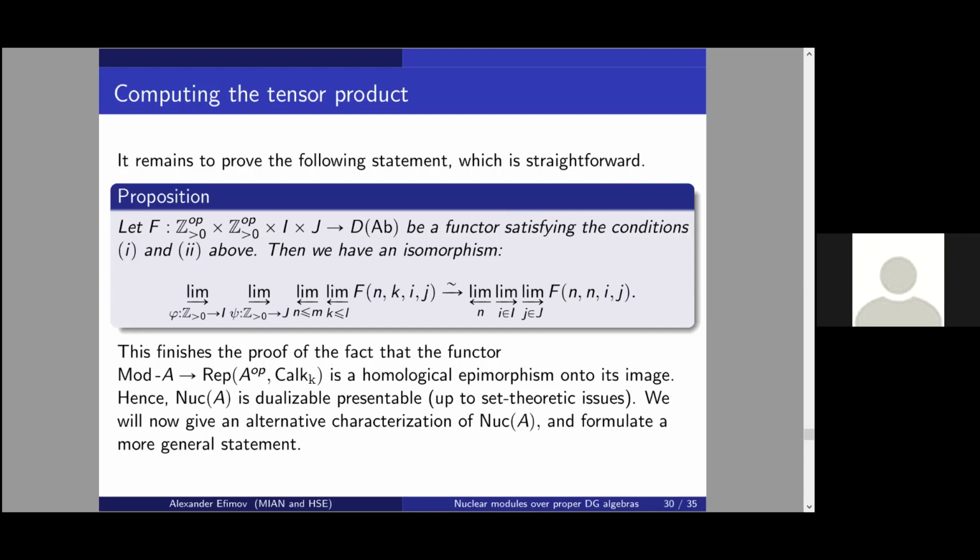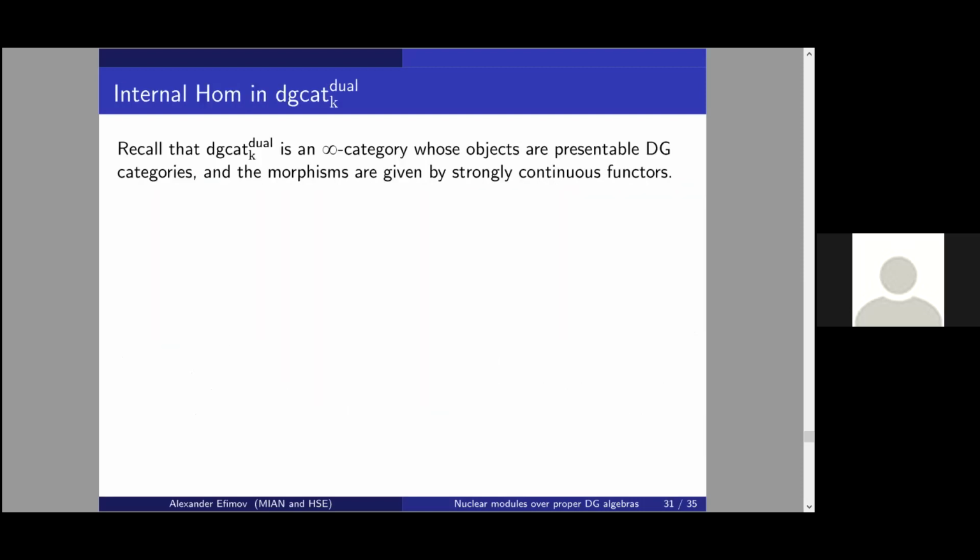Okay, so now I want to give an alternative characterization of this category. Recall that this dualizable category was an infinity category whose objects are dualizable presentable categories, and the morphisms are given by strongly continuous functors.